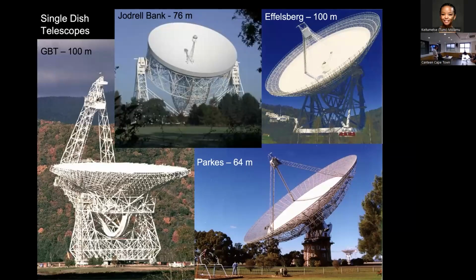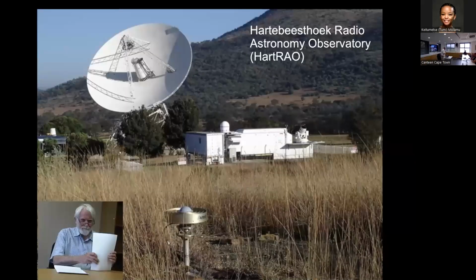I mean, the Jodrell Bank, the Effelsberg 100-meter, the GBT, and of course Parkes. And these things are all subjects of films. And we've spoken already about the Hartebeesthoek 26-meter dish, and the role that it and particularly George Nicholson have played in forming radio astronomy in South Africa.